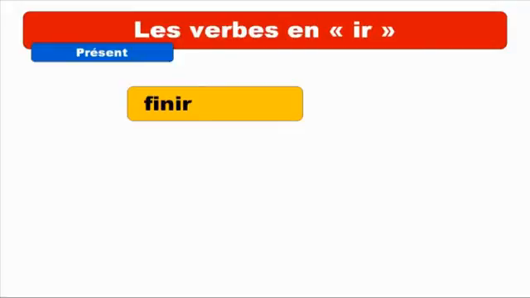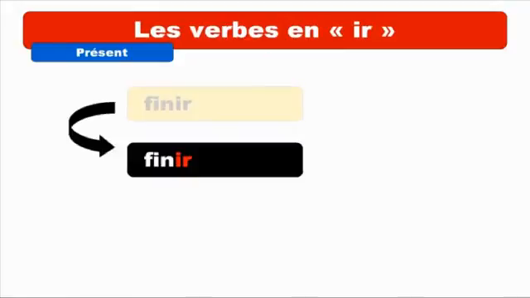Okay, but in this case, I decided to choose finir. So the important thing is that you look at the ending, and it gives you some useful information, whether it's for the second group or third group. Okay, so in this case IR is regular, so it belongs to the second group of verbs.